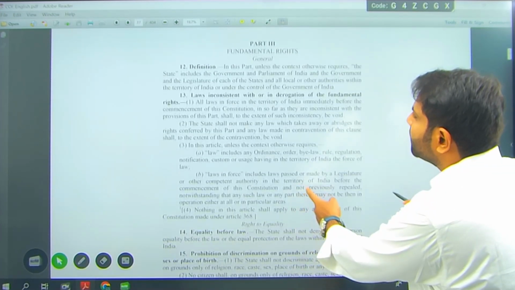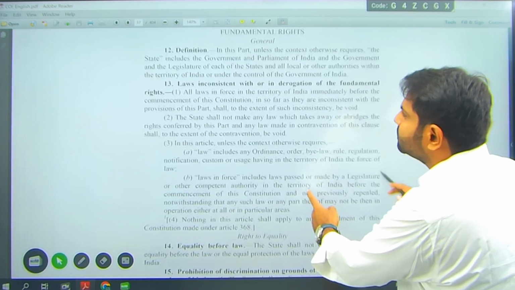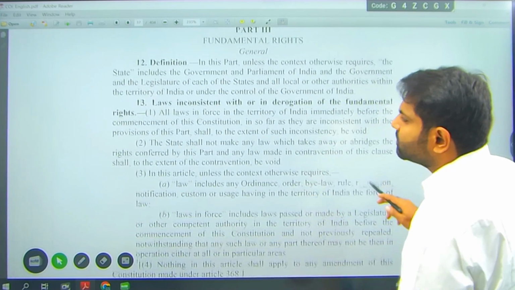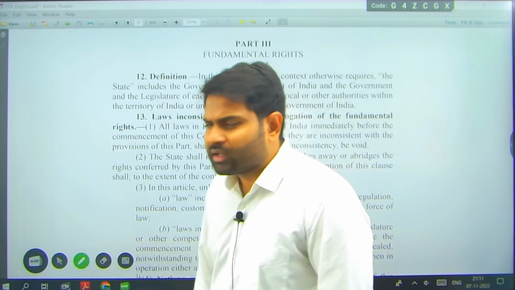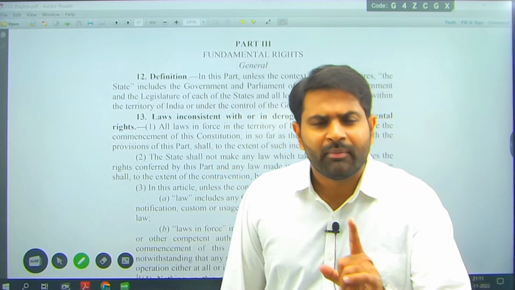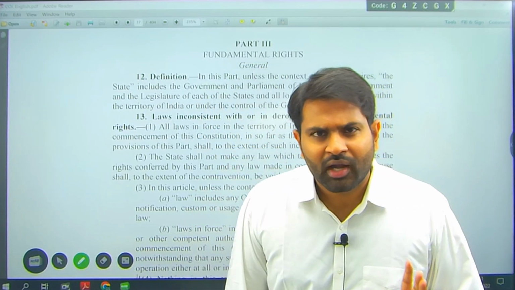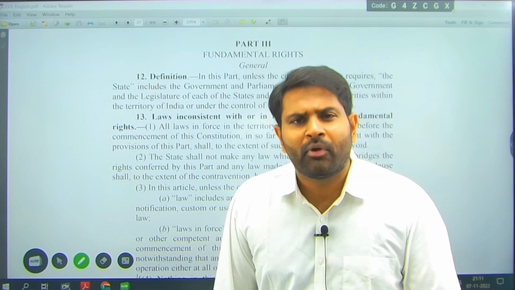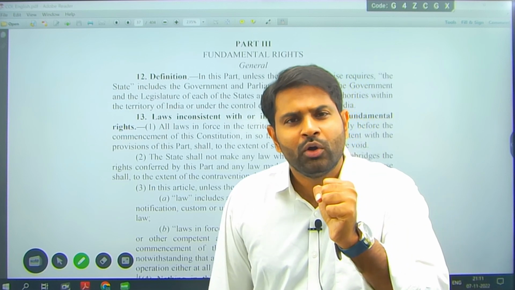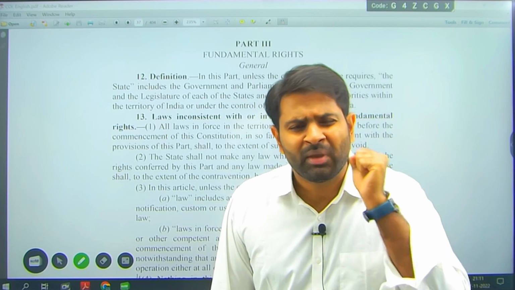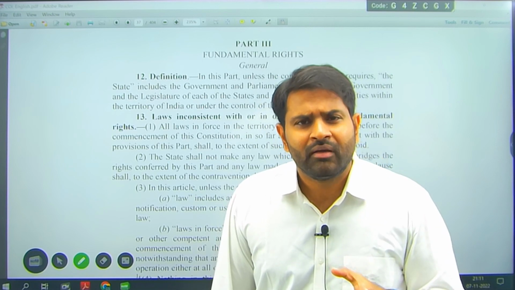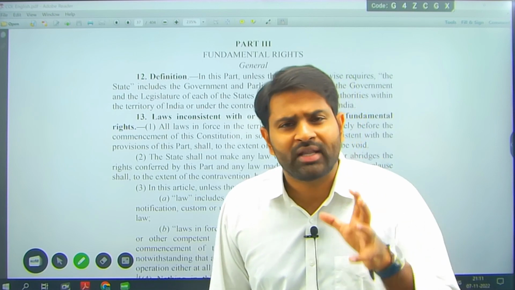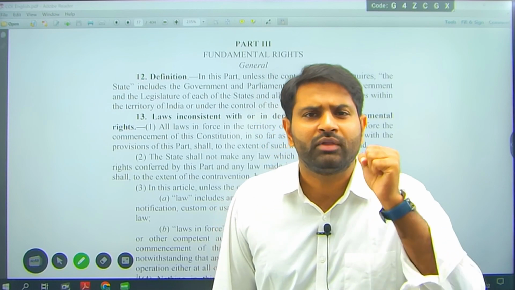Next comes the third part, fundamental rights. We have n number of rights, but among which fundamental rights are the foundation. These fundamental rights are so important that they will enable you to perform according to your capacity. There are many hurdles in the system, but those people who understand their fundamental rights can perform according to their capacity.